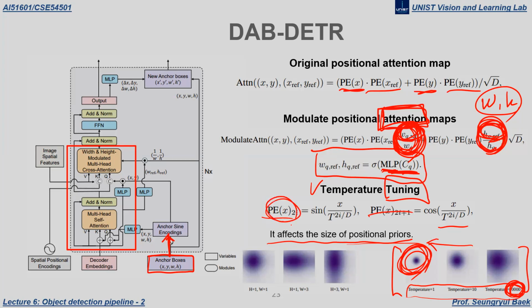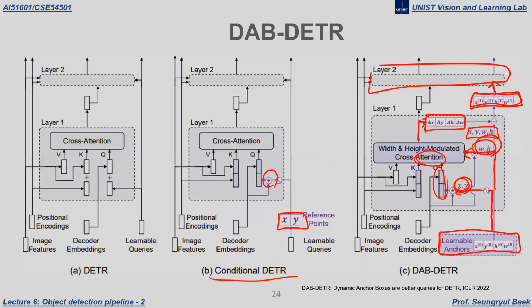So in here, previously the temperatures were set for the NLP task, but here the authors are insisting that they adjust it towards the spatial task, okay? It further improved the performance, okay? Anyway, in the previous DTR, the queries do not have any spatial meaning, right?